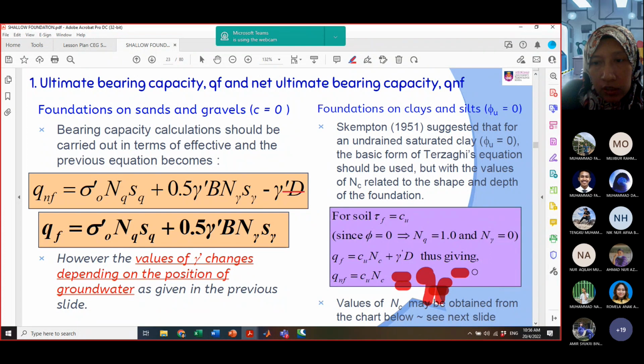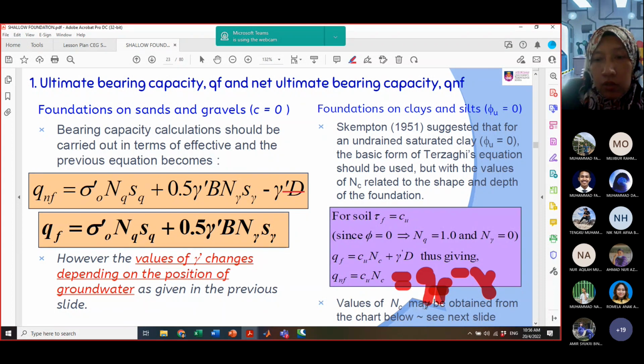So overburden pressure kita tadi efektif gamma darab dengan D. That's why plus gamma D tolak gamma D, so dia akan bagi you kosong. That's why finally QNF sama dengan CU NC.